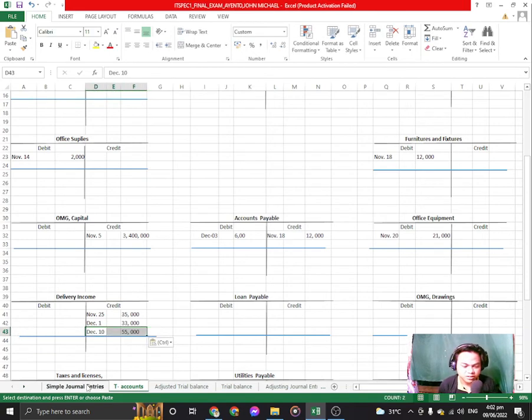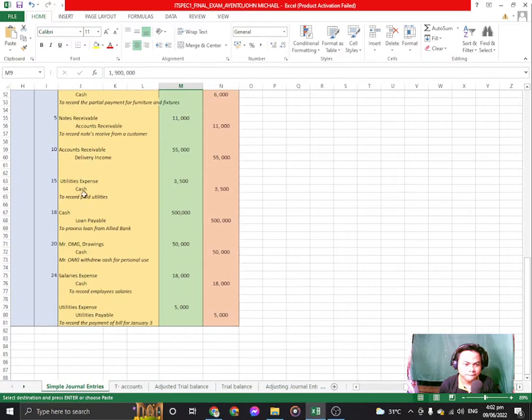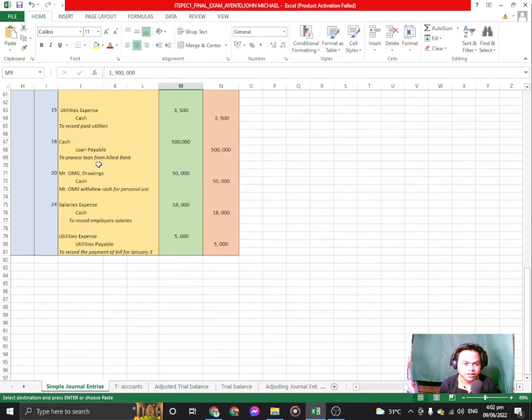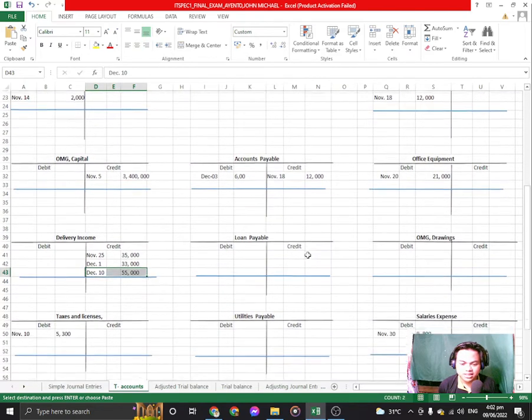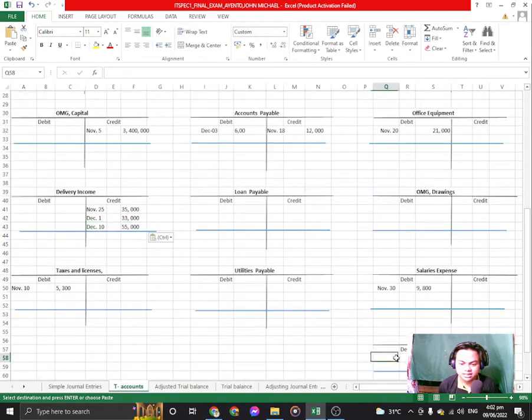Okay. Down to December 15, utilities expense for the debit, we have 3,500 and the cash for the credit is 3,500. Okay, utilities expense for December 15, we have 3,500 pesos.